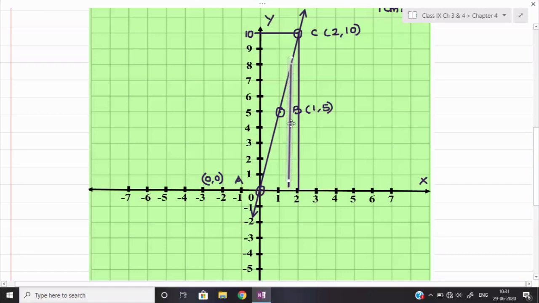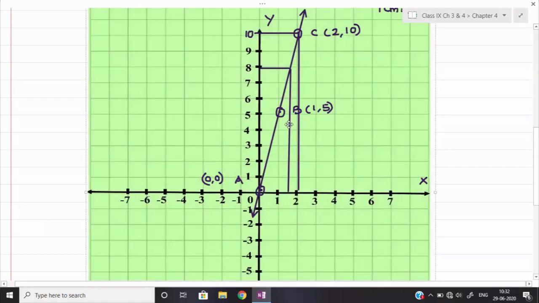Once again, yes, now see, I think it has intersected properly. And if I draw a line from that point where it intersected the line, then definitely it will intersect the y-axis at 7.5. I have not drawn the line properly.